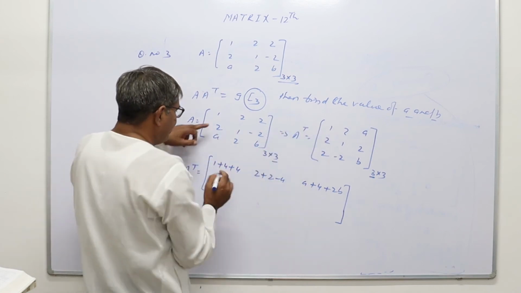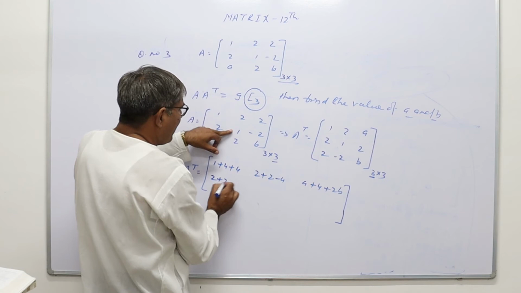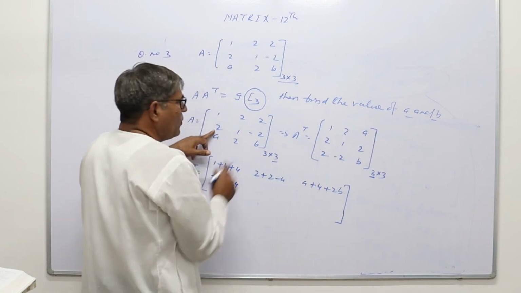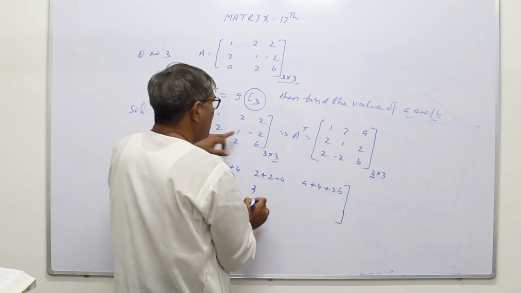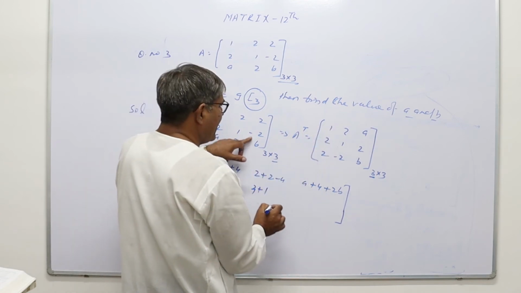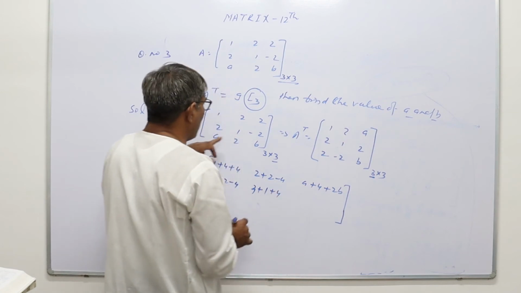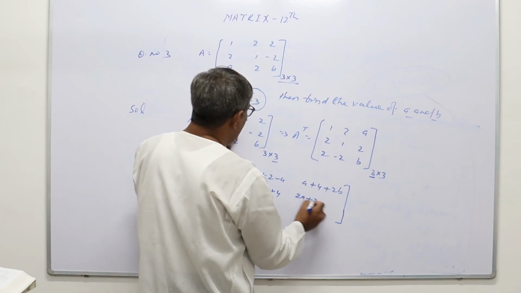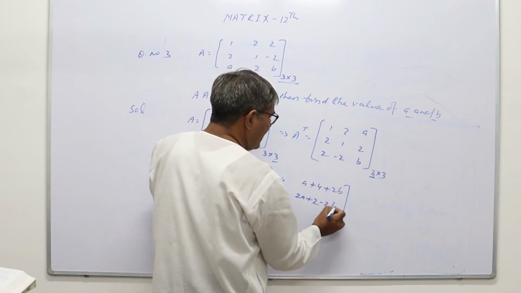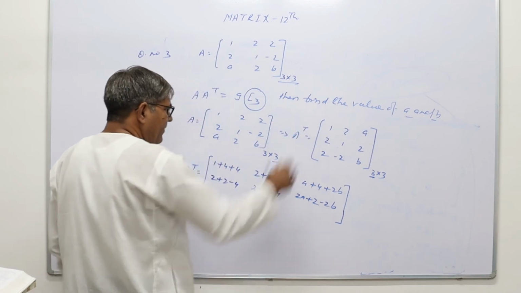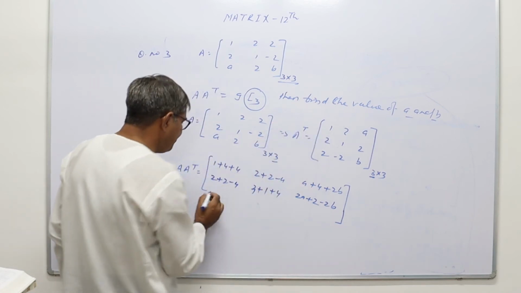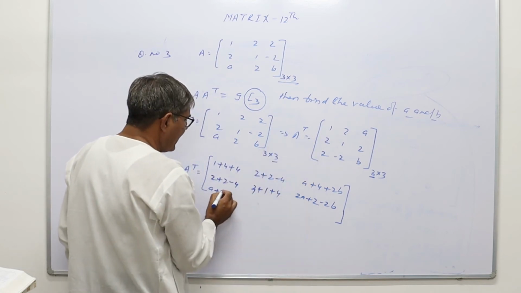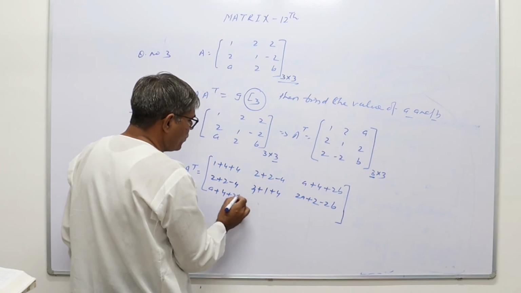So 2 into 1 that is 2, 1 into 2 plus 2, minus 2 into 2 that is minus 4, then 2 into 2 is 4, 1 into 1 that is 1, minus 2 into minus 2 that is plus 4, then 2 into a, 2a plus 2, then minus 2 into b that is minus 2b, then third row with first column, so a into 1, a, plus 2 into 4, 2 into 2 that is 4, and b into 2 that is 2b.